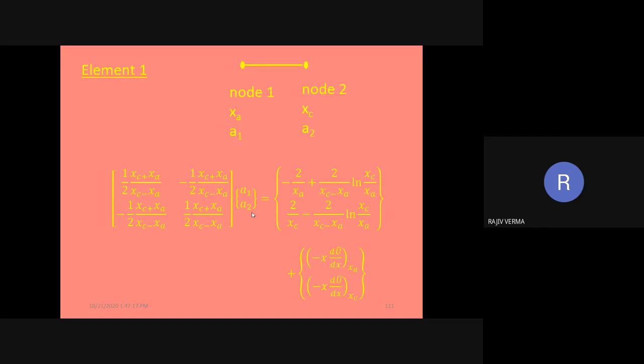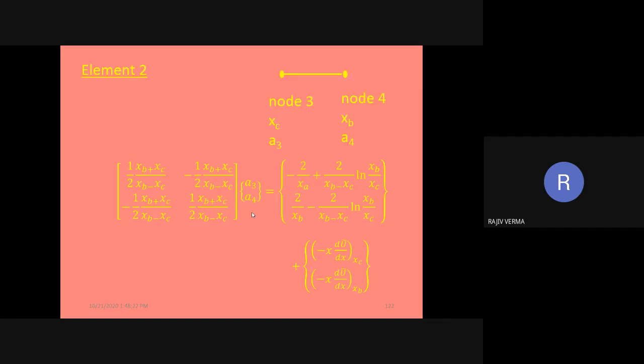Now similarly, repeating these steps for element number 2, we get the two equations in terms of a3 and a4 as the unknowns. So this means that we have developed the four equations for the two elements. Element number 1 gives us two equations in terms of two unknowns a1 and a2.